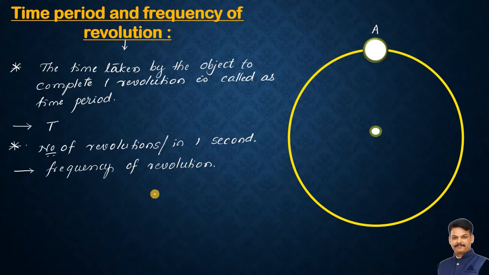Remember, dear students, we can define frequency of revolution. It is nothing but the number of revolutions made by the object in 1 second of time.